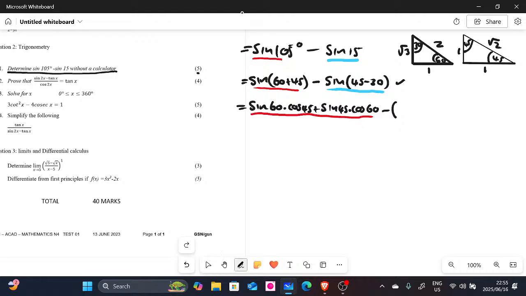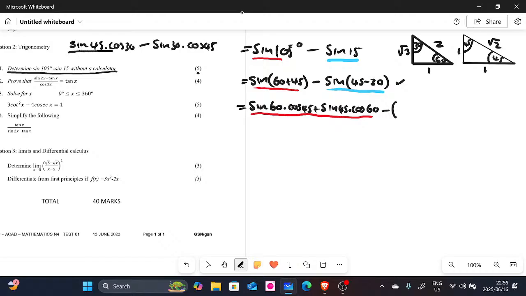So when you expand this one, it's gonna be sine 45 degrees multiplied by cos 30 degrees minus, because we have minus in between them. And then this time around we're gonna have sine 30 multiplied by cos 45.